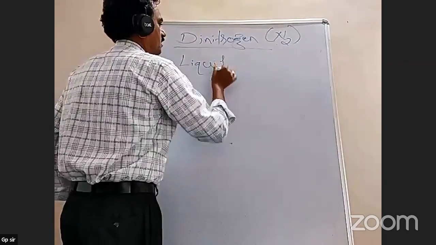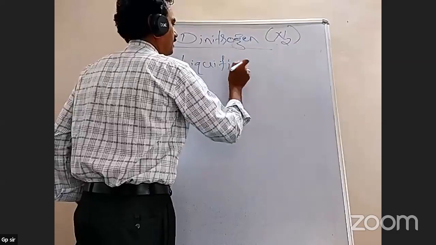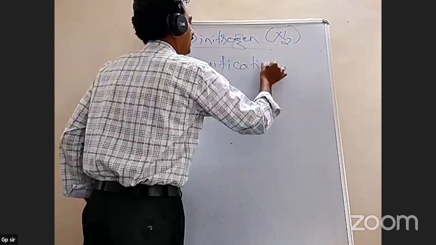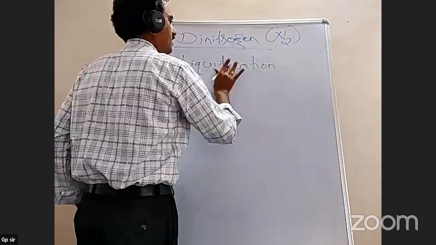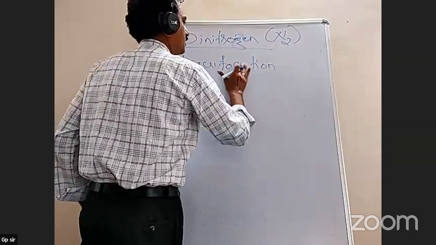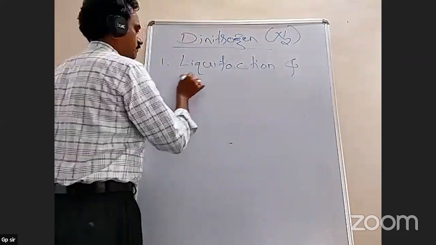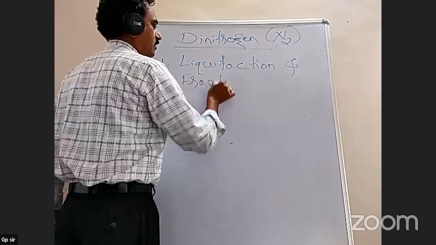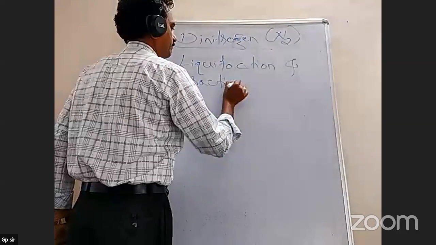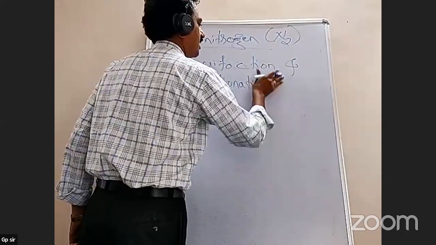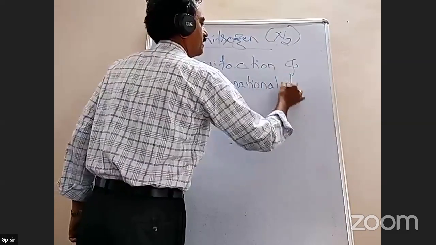Nitrogen can be manufactured in large scale by liquefaction and fractional distillation of air.